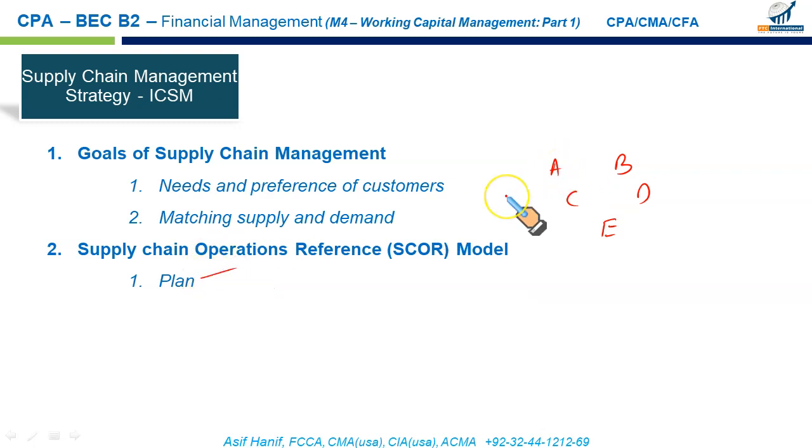Once it is done, our sources secured, our infrastructure built, now we are able to meet the needs of our customers. The next step is source. Once the demand is planned, resources and infrastructure are built, now we will select which vendors we will use for certain parts.